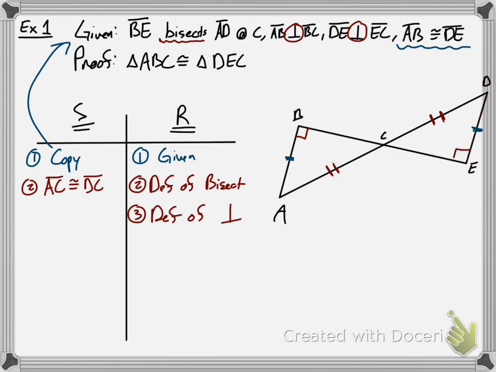So for our next statement, we're going to say angle B is equal to 90. Angle E is also equal to 90 through our definition of perpendicular.